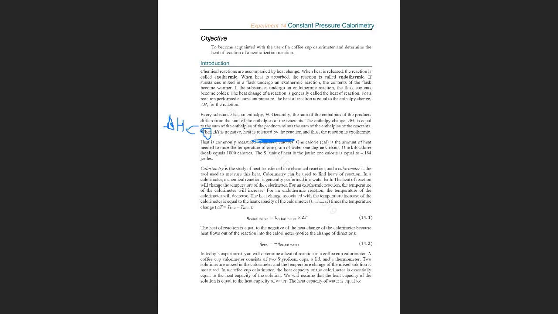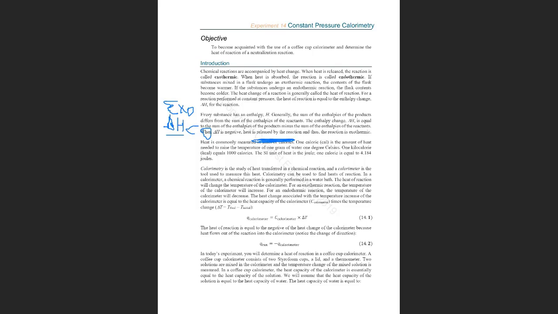So for an exothermic reaction, it's going to be negative. Okay, what else is here in the introduction? They're talking about when the heat of the reaction is measured at constant pressure, then it's equal to the enthalpy change. We know that as well. And we call it delta H.